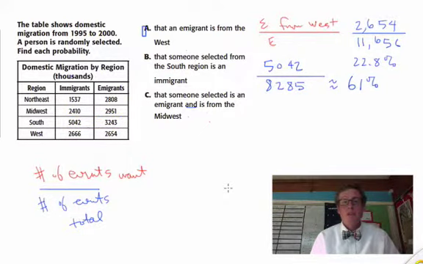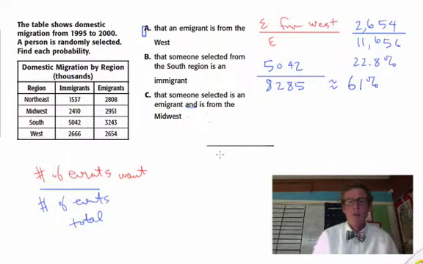Okay, for part C, we want to know the probability that someone selected is an immigrant and is from the Midwest. Okay, so let's think about this for just a second. If we want to set up the denominator in our probability fraction here, if we're looking for someone that is an immigrant and a Midwest, that means that we're probably interested in this entire population here.